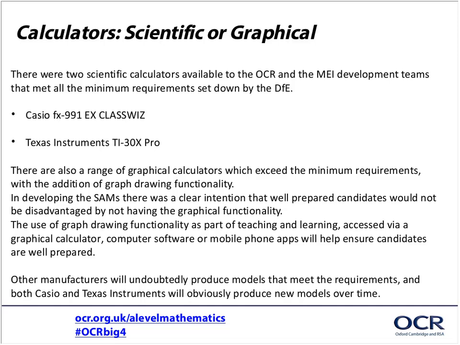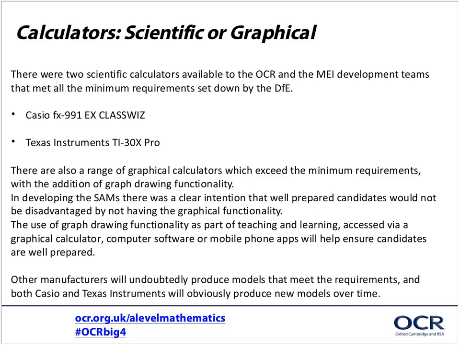But these two calculators, the Casio FX991 EX Class Wiz and the Texas Instruments TI-30X Pro, have been used extensively by the developers when we were putting together the specification and the sample assessment material, and they'll be using these for developing the practice papers and moving into the live papers.